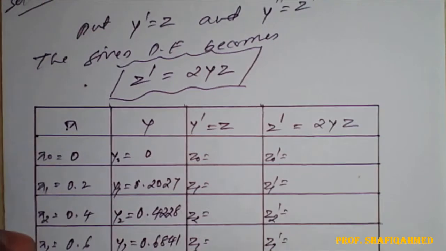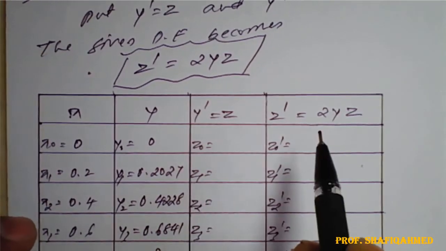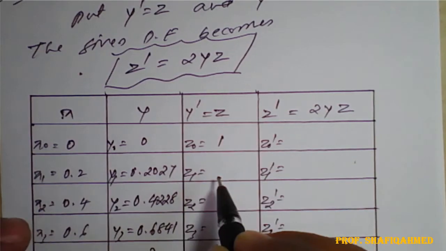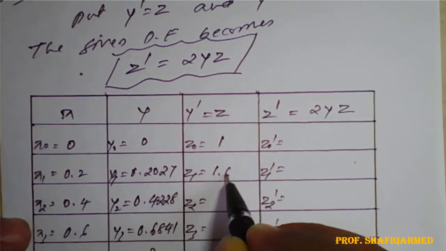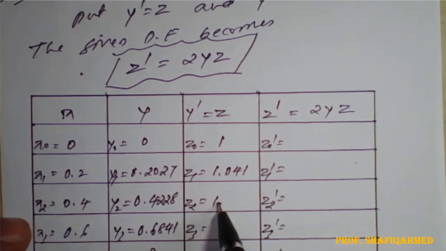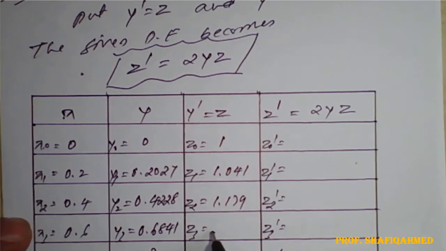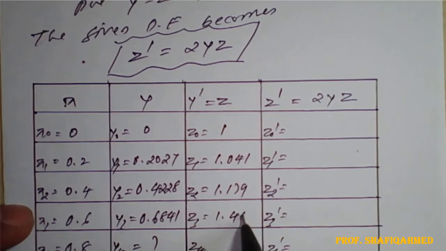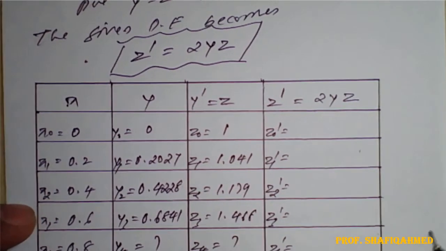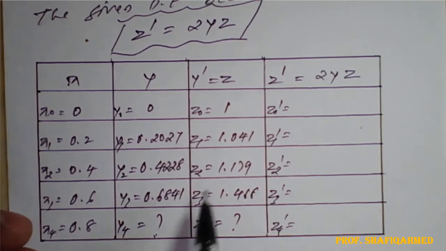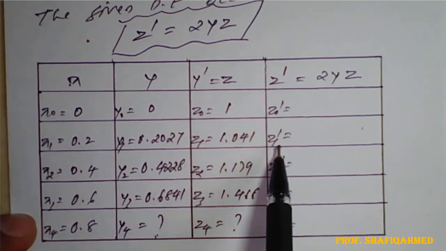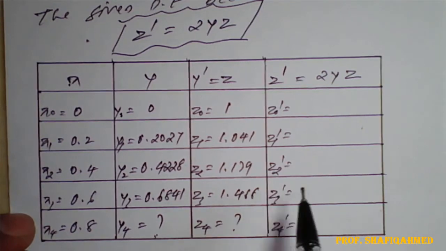So these values we need to apply in the table. The z0 value from the table is 1, then z1 is 1.041, 1.179, then 1.468; z4 we need to calculate. With the help of these y and z values, we need to calculate z0 dash, z1 dash, z2 dash, z3 dash.